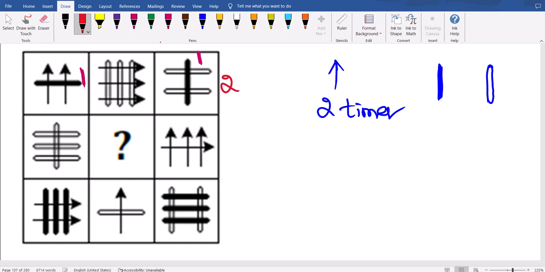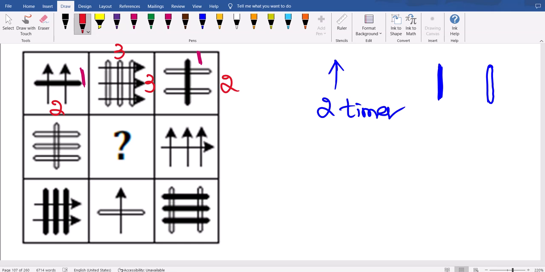Here two. That is arrow or water it may be. Two came 2 times. One also came 2 times. Three. Here in arrow three. So three also came. That is the rule. 3 came 2 times, 1 should come 2 times, 2 should come 2 times.